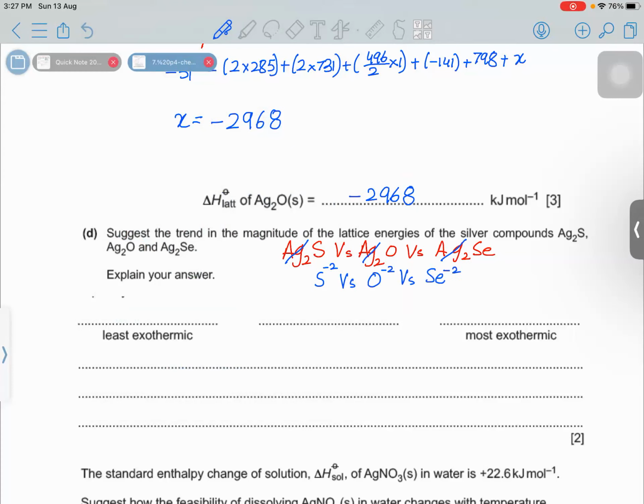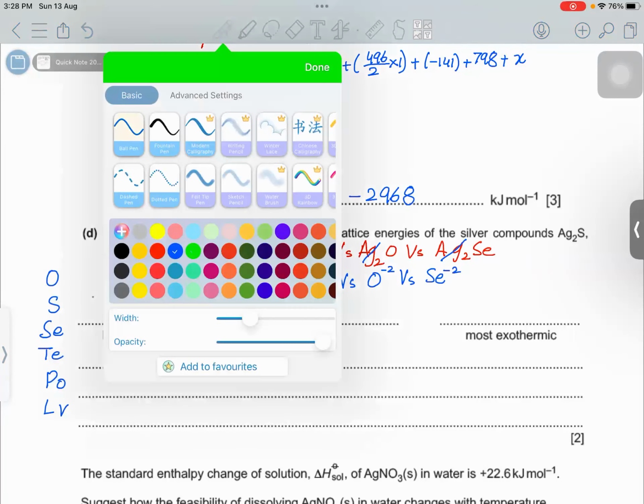Do they belong to group 6? Yes, sir. They all belong to group 16: first oxygen, then sulfur, then selenium, then tellurium, then polonium, then livermorium.